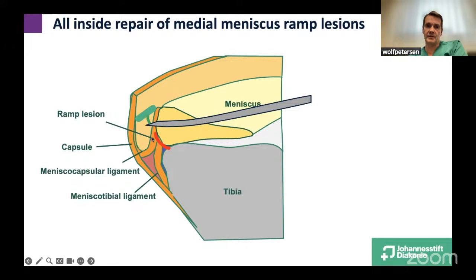You can see it here in the schematic drawing. You normally penetrate the meniscus with your device above the lesion, and then you deploy the anchor here above the lesion, but you perform no real repair.